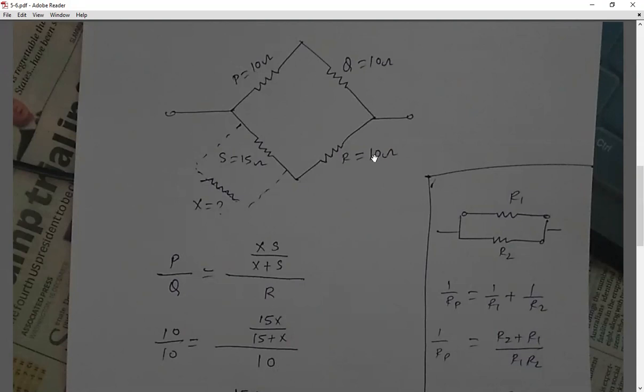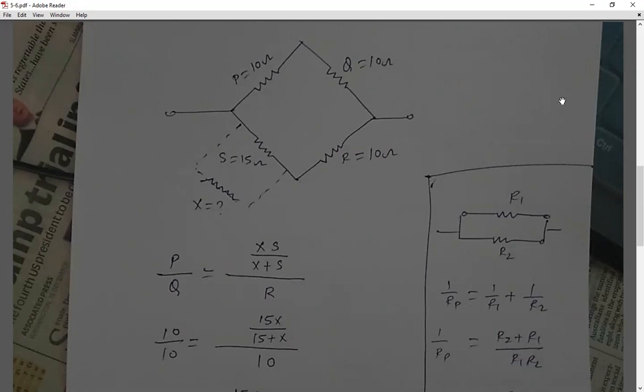That is not equal. You can write this balancing condition as P by Q equal to S by R, or you can also write it as P by S equal to Q by R. So in two ways you can write the balancing condition.